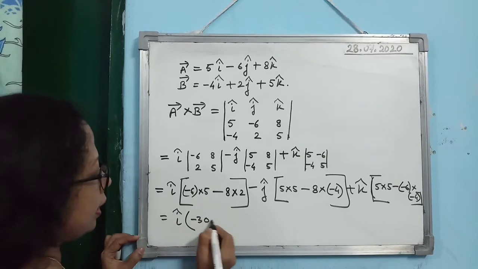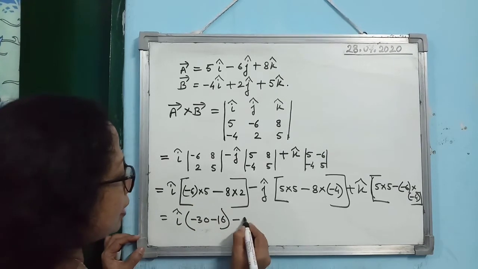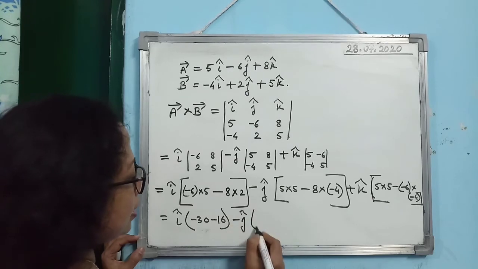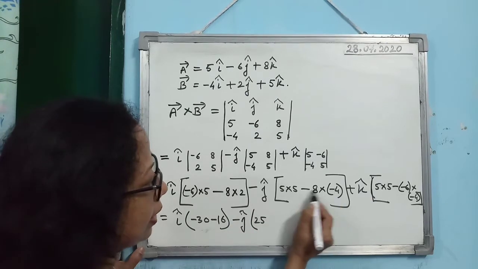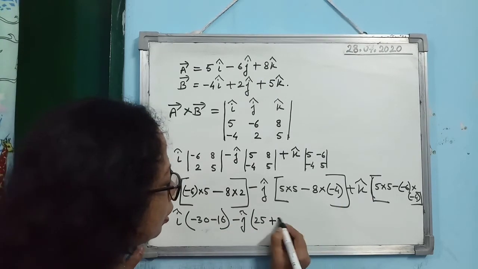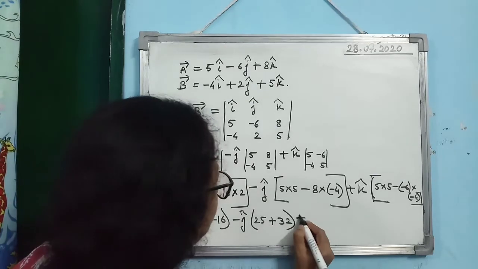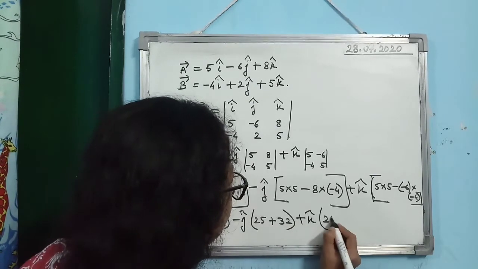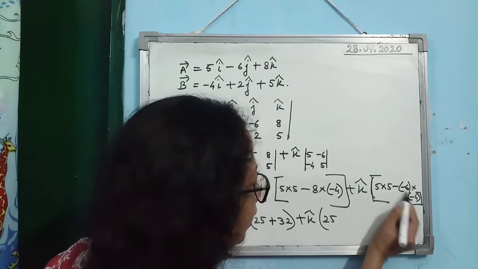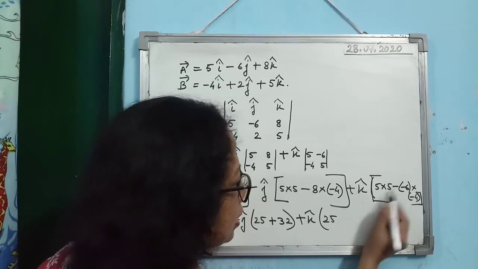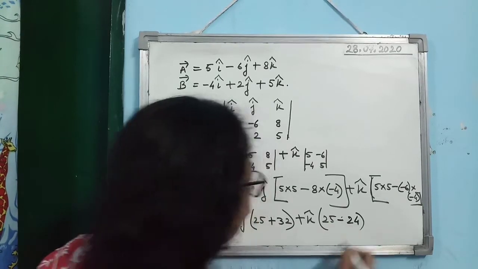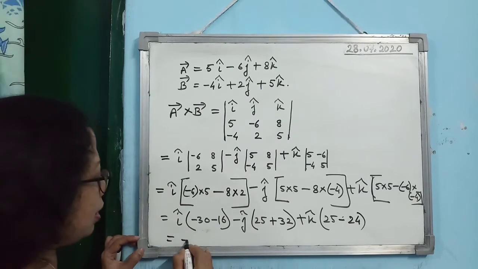Now if you expand it, how much is it coming? Minus 30, then minus 16. This is minus J. It is coming 25. Then you see minus minus plus, so 32. Then plus K. It is coming 25, but here minus into minus is plus, plus into minus is minus 24. So how much is it coming?